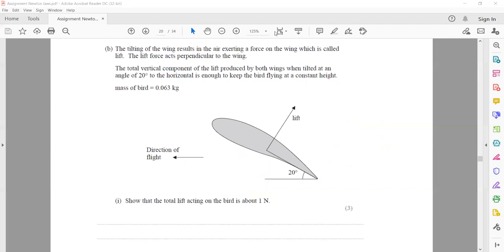Then because we need the component in this way, so if this is the lift, if I complete this right angle triangle, as you can see, this will be 90.